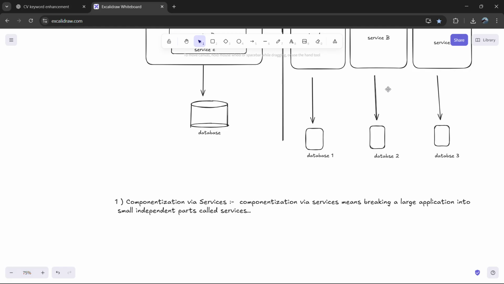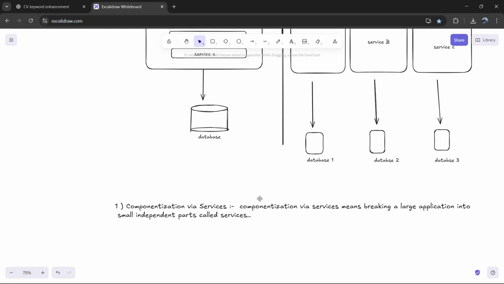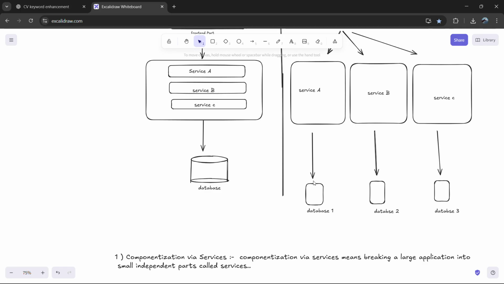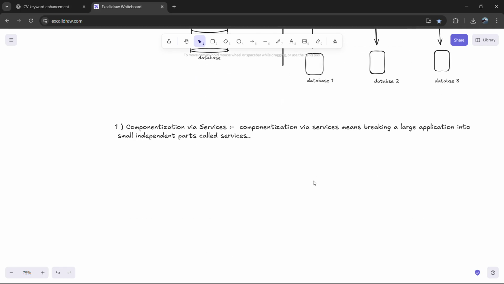So these are the main advantages of componentization: our service will be modular, scalable, maintainable, independent, and we can code in any language.